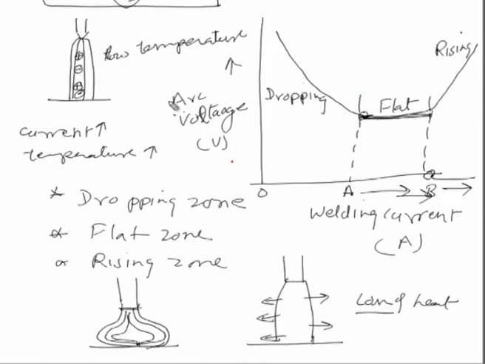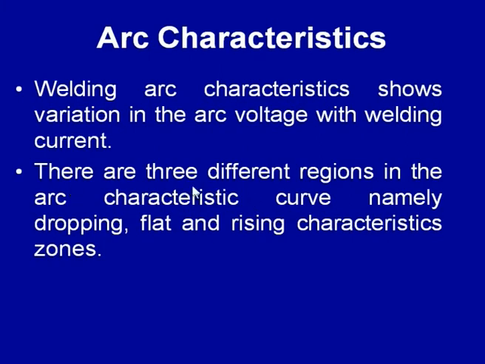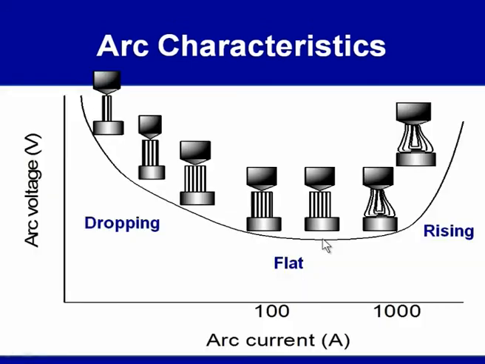So, this is what we typically call the arc characteristic having the different zones. There are three different regions in the arc characteristic curve, namely the dropping characteristic, flat and the rising characteristic zone.